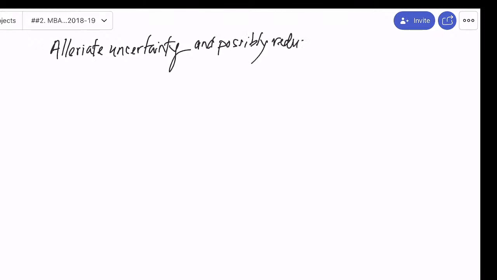So to alleviate uncertainty, and possibly reduce risk, we want to predict what happens, right? What's going to happen, what's coming, what's around the corner.